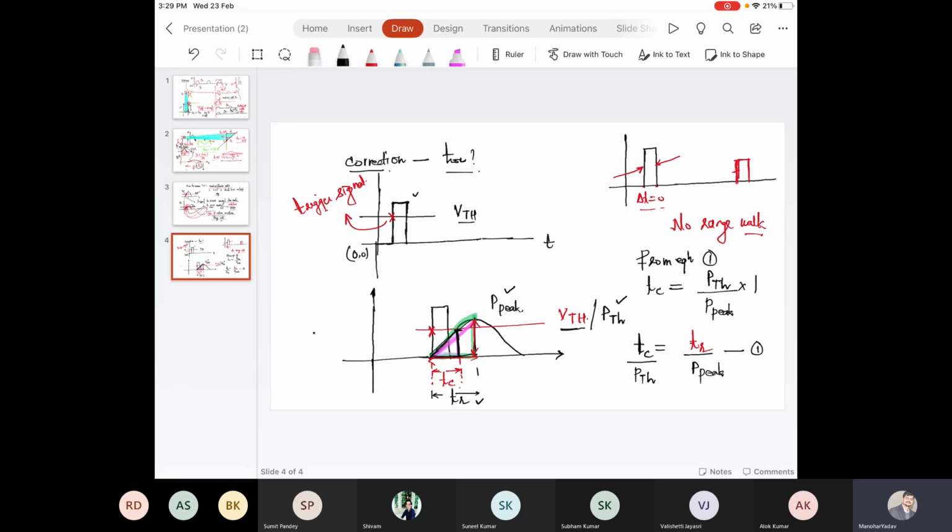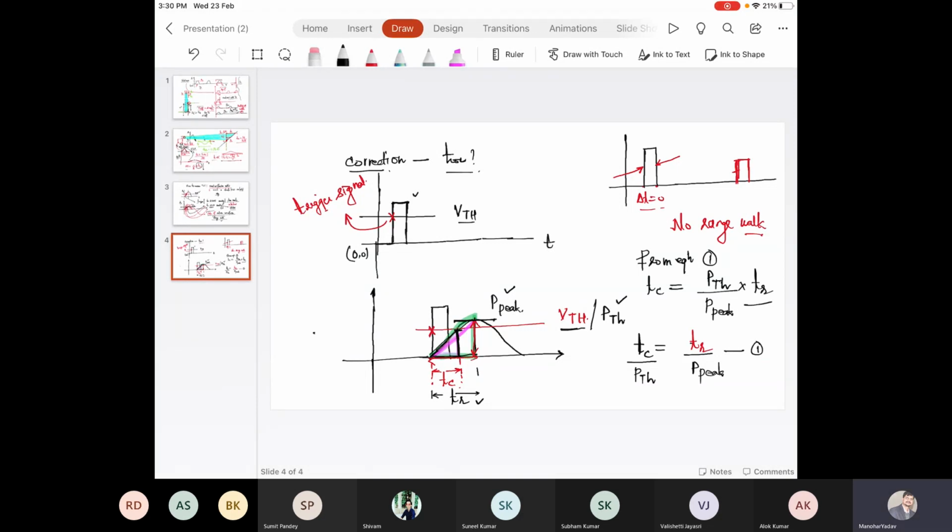PTH into TR divided by P peak. Please note it down in your notebook. Why am I considering P peak? Because P peak, the peak level, is identified by the receiver.